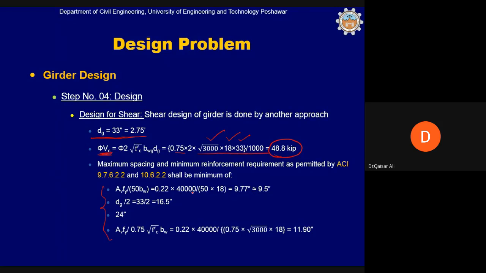So from this equation, s comes out to be 9.5 inch, then d by 2 is 24 inch, 11.9 inch, and this 9.5 inch is the maximum spacing according to the ACI code. So next we will calculate phi Vs given to us by this 9.5 inch spacing.